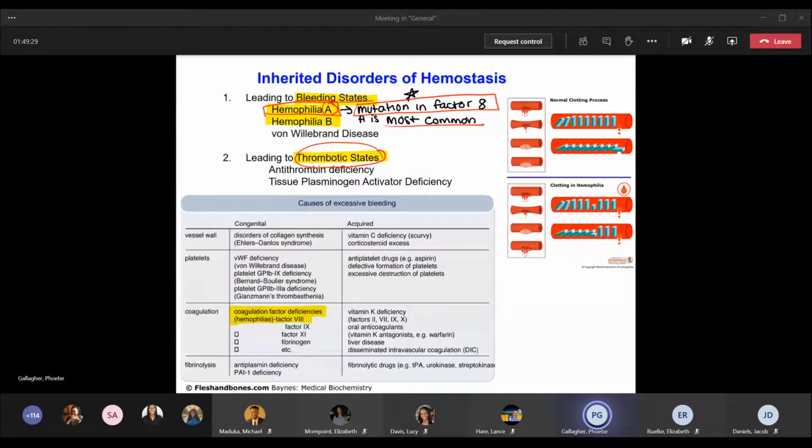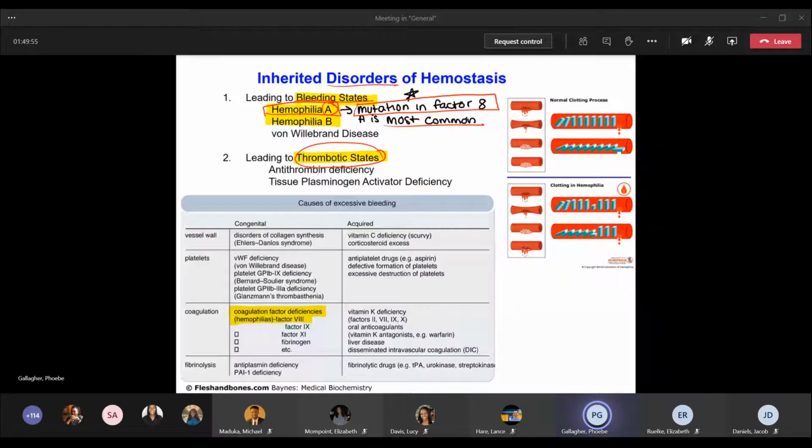The amount of factors that you have in your blood right now are likely going to tip the balance towards the anti-clotting conditions, and if you cut yourself, then it would tip the balance towards clotting conditions. These disorders are when the balance is already tipped due to some kind of mutation, and that induces either excessive bleeding or excessive thrombosis.